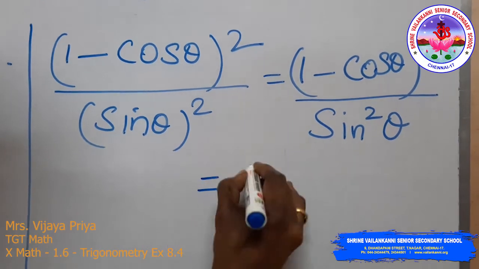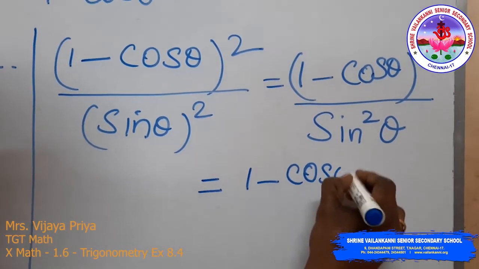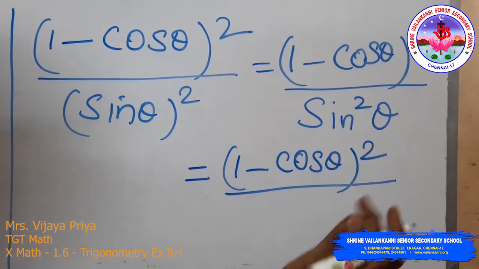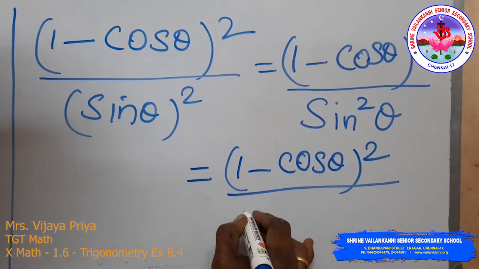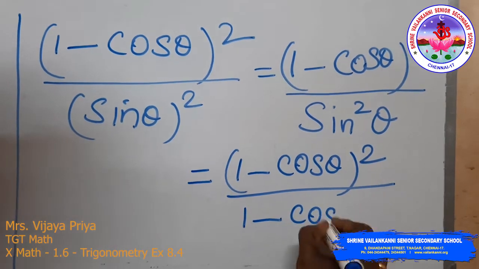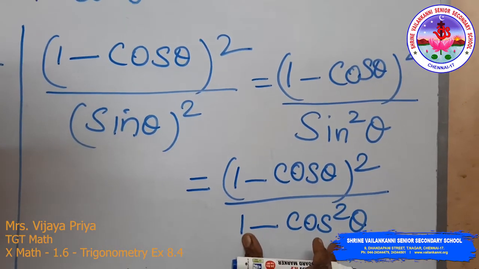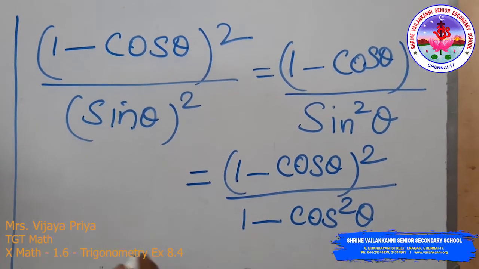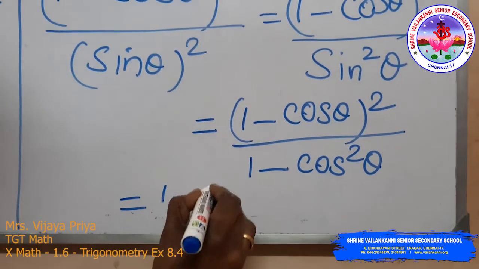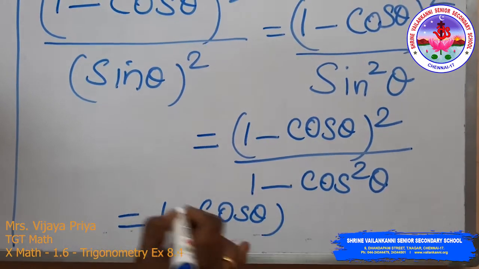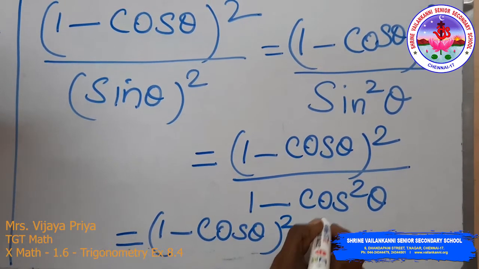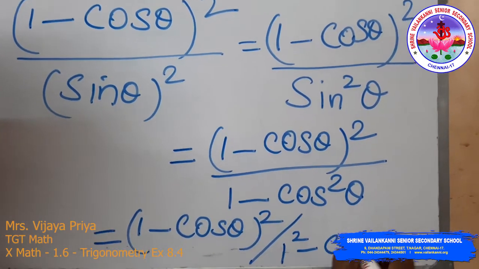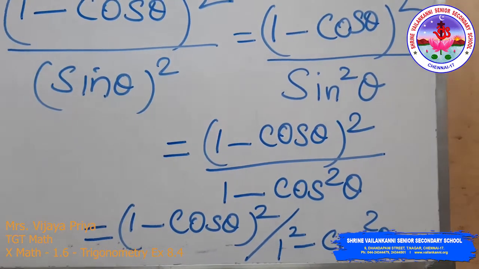So the numerator remains as it is, and the denominator sin square theta can be represented as 1 minus cos square theta. Which is equal to 1 minus cos theta whole square divided by 1 square minus cos square theta.